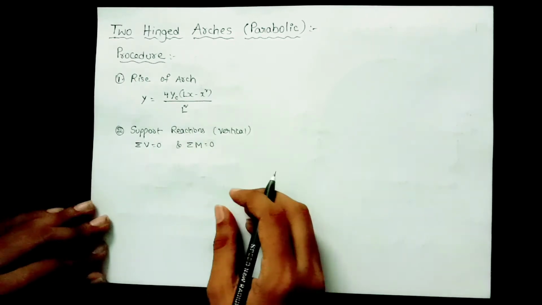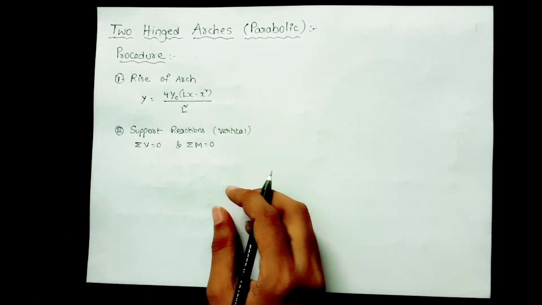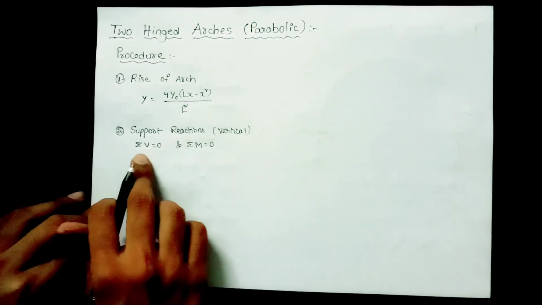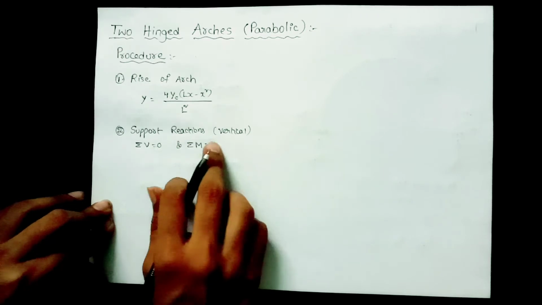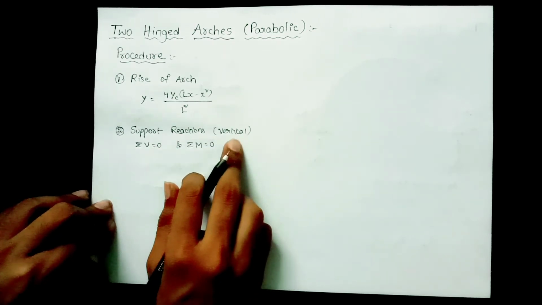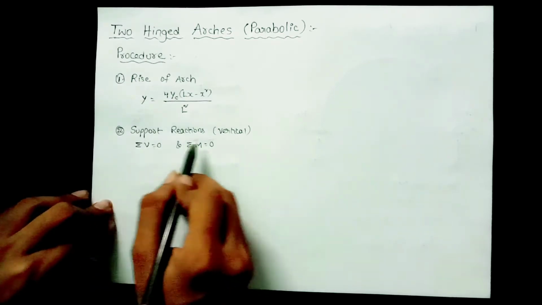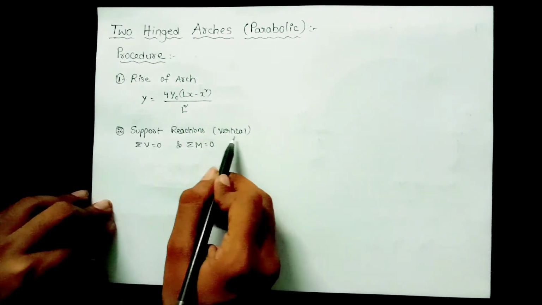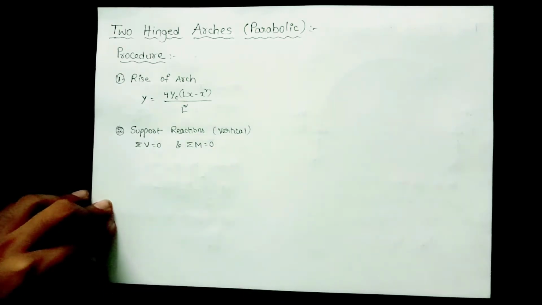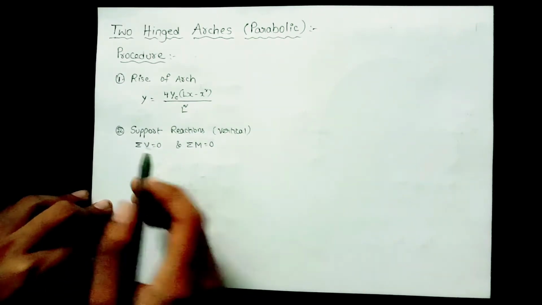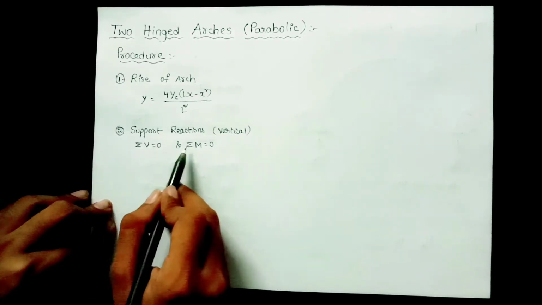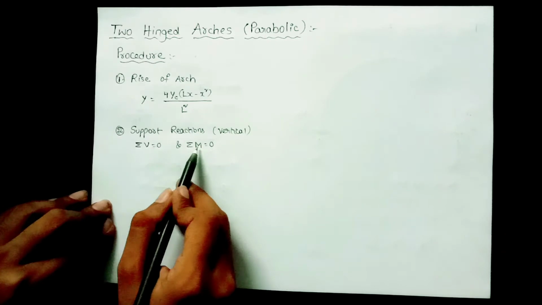The procedure that we adopt in the simply supported beam for calculating support reactions is adopted here also to get the vertical support reactions. At the hinged support we have vertical and horizontal reactions, but in this step we are calculating only the vertical reactions, and there is no direct equation for finding the horizontal reaction. So this is also a very simple step.